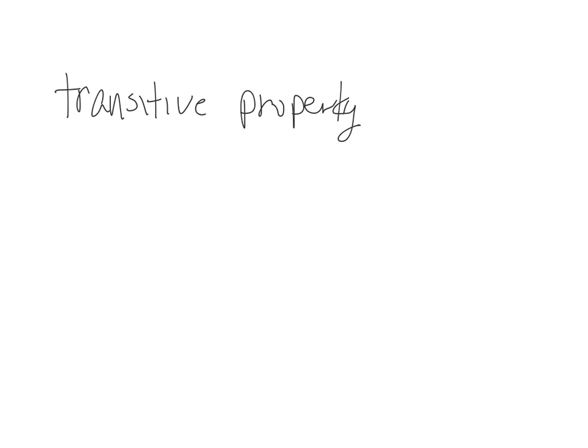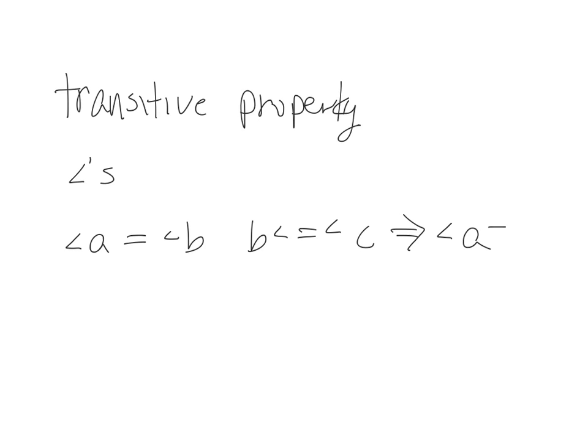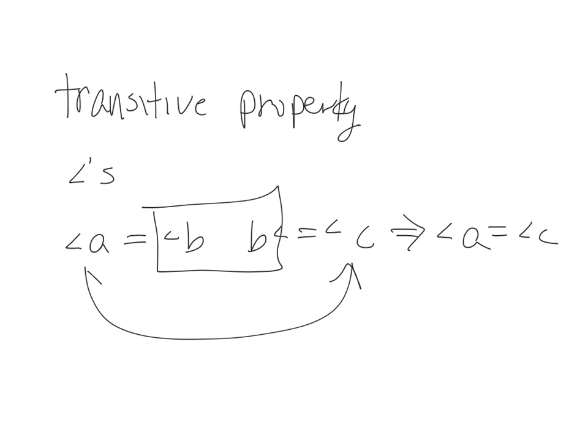Basically, if you did it for angles, it would be if angle A is equal to angle B, and angle B is equal to angle C, you could say that angle A is equal to angle C. I always found that if the middle matches, then the ends are congruent, and that's your transitive property.